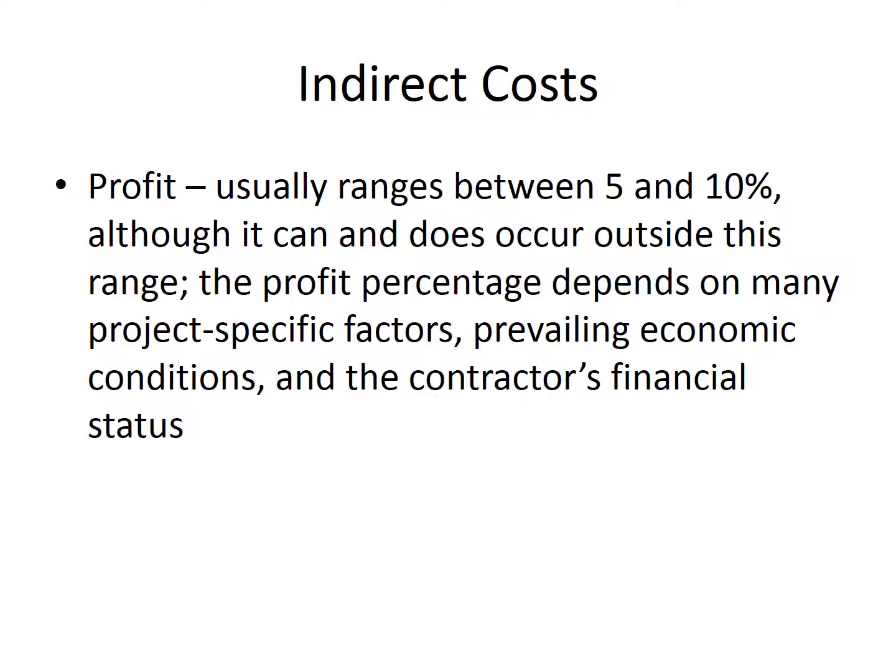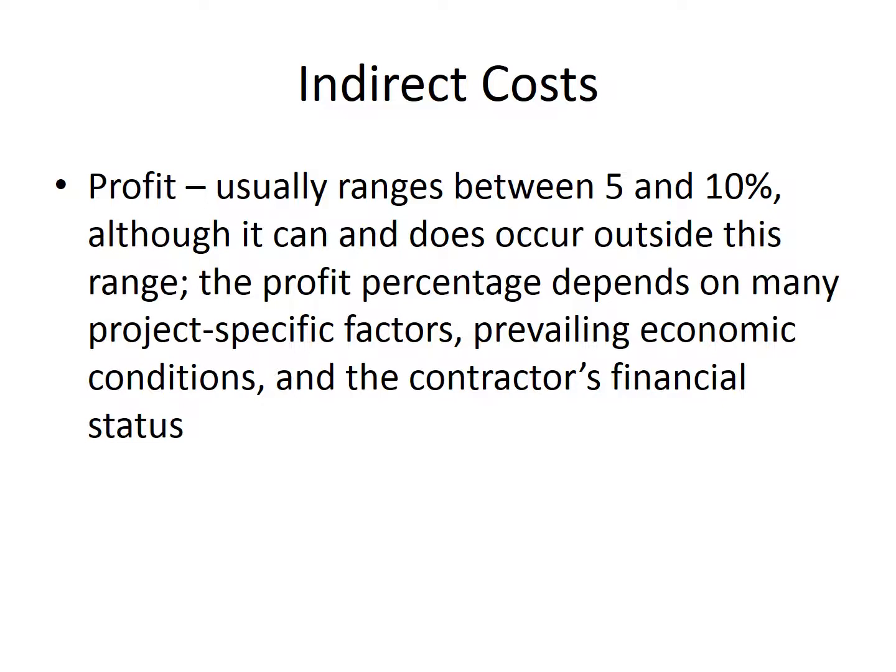All right, so profit usually ranges between 5 and 10%, although it can and does occur outside this range, with bookkeeping and such being what it is. I think there's creative ways of doing that. The profit percentage depends on many project-specific factors, prevailing economic conditions, and the contractor's financial status.